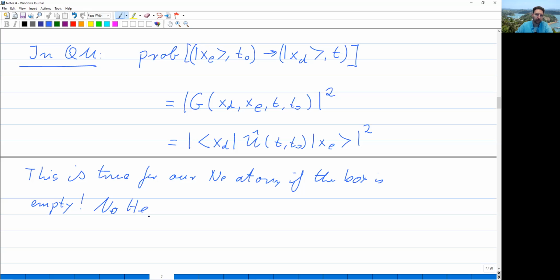No helium, no other particles, for example, no photons, only the neon atom.